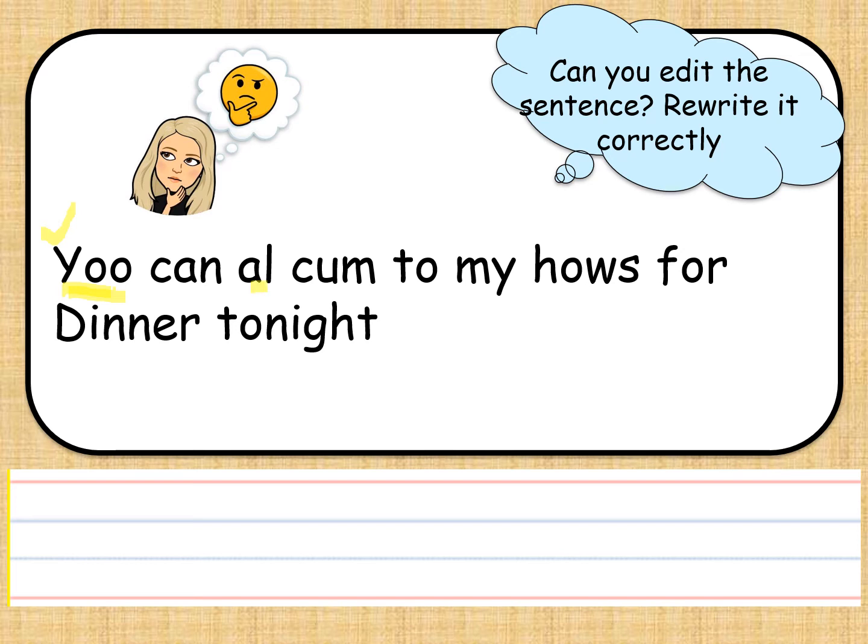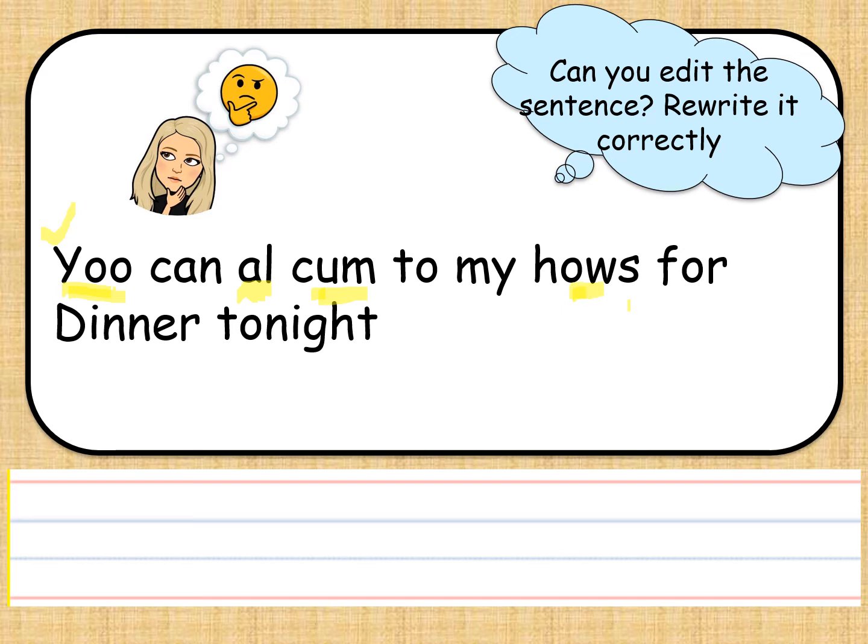And all, that's one of our tricky words we've been learning. I wonder if you can remember how to spell all. Come, sounds right. That's not how we spell come, is it? One of our tricky words. To my house. Again, that sounds right, but it doesn't quite look right to me.